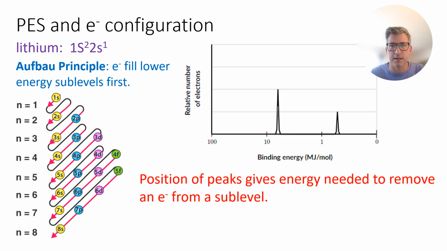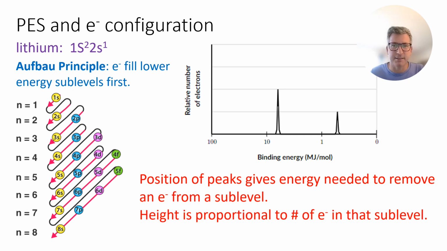You can see maybe 7 or 8 megajoules per mole of electrons that you tried to remove. If we compare that to a much smaller number in the 2s to remove that electron. And then the height, again, the y-axis is proportional to the number of electrons in that sublevel. So here we have 2 and here we have 1. So that would mean that our electrons are at 1s2 and 2s1.